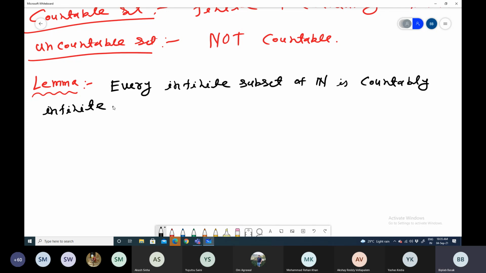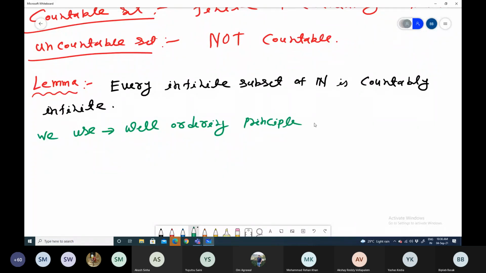Okay, so the proof is actually very simple. Here we use the well ordering principle of natural numbers. We will use that, and then the proof will be very trivial. So what we will do?